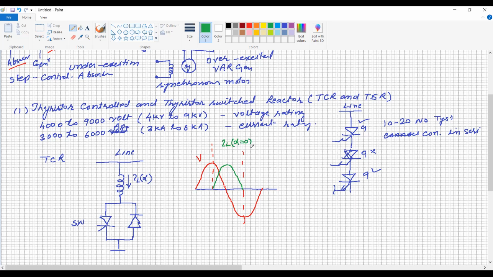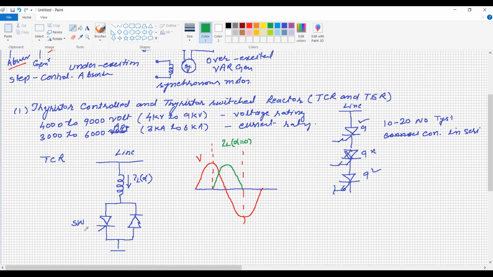Which means there is no delay in the firing of this thyristor valve. So when there is no delay at all, it is conducting full current, and this is the positive half cycle. Similarly, we can represent a negative half cycle.